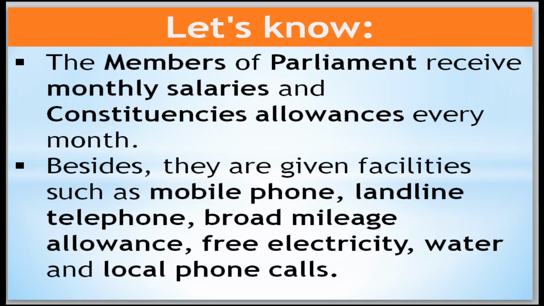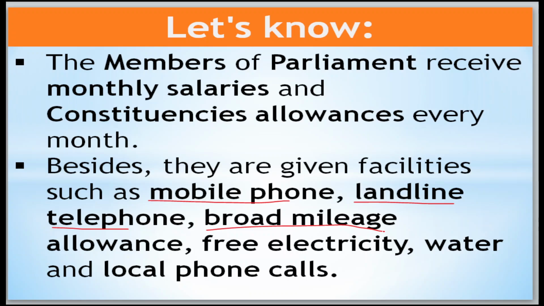One more thing: the members of parliament receive monthly salaries and constituency allowance every month. Besides their salaries, they get facilities such as mobile phone recharges, landline facilities, and road mileage allowance, meaning diesel, petrol and gas are free for them.